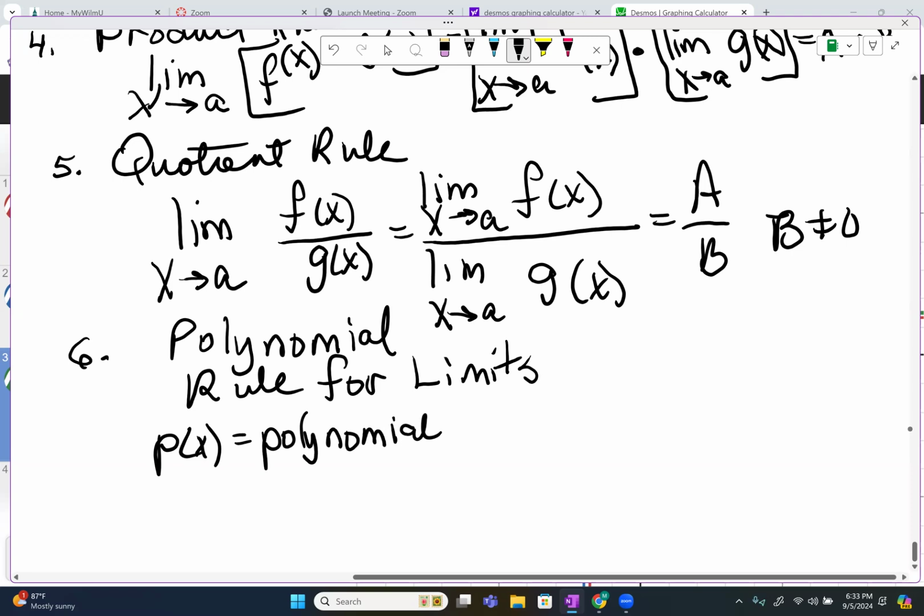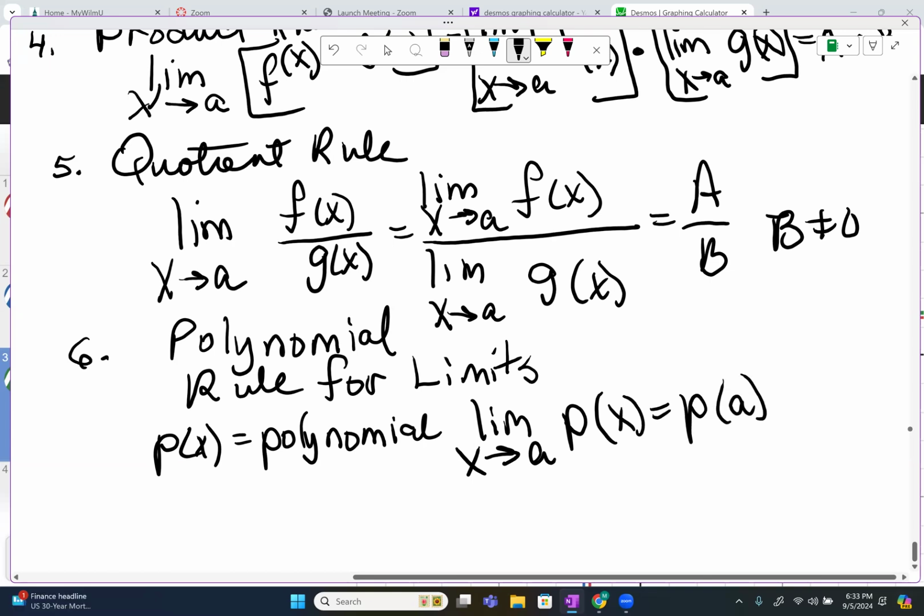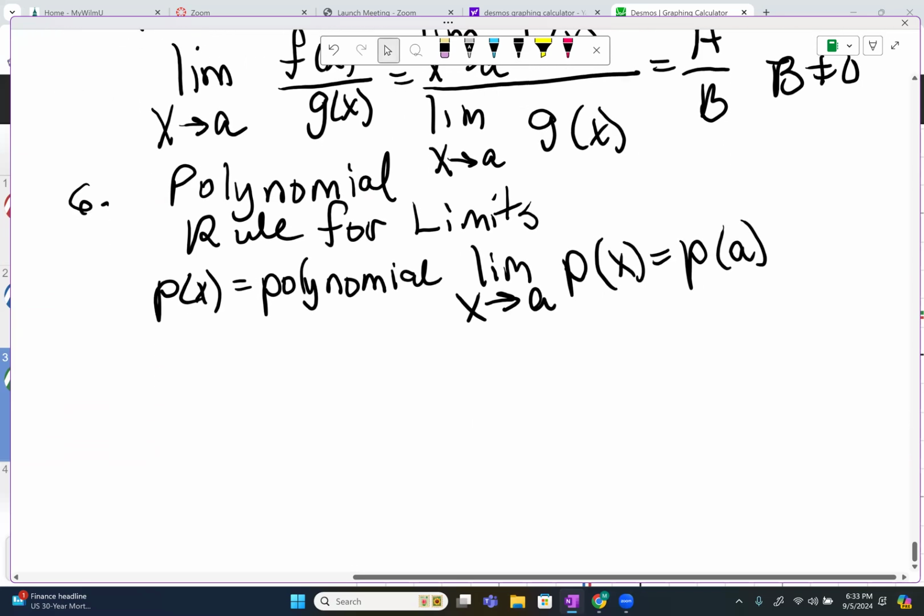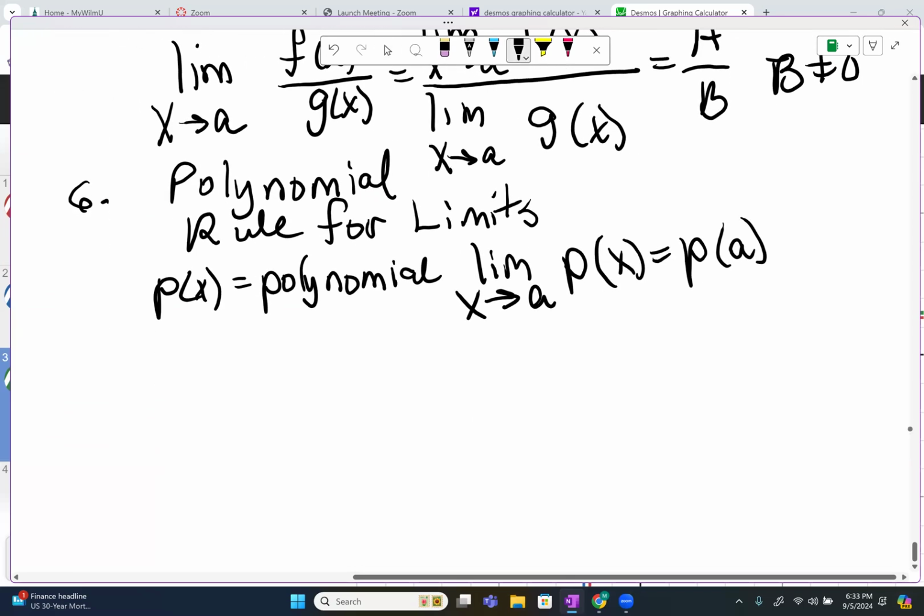The limit as x approaches a for some p of x is equal to p of a. And I'll show you examples of that in a few. Excuse me. So pretty much for polynomials, you can plug in any number. Yeah. And then it will get you the answer, right? Pretty much. Okay.